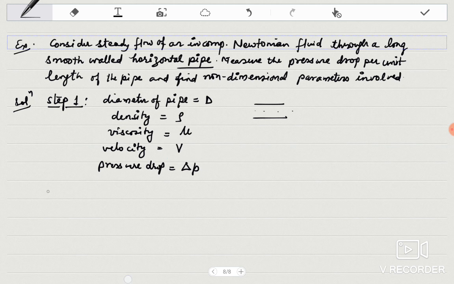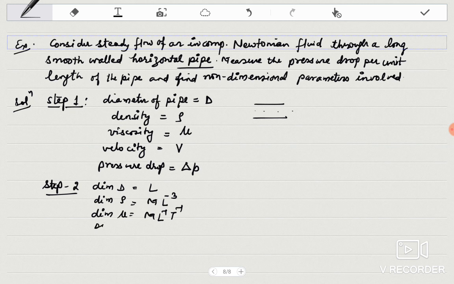So under step 2 we find what are the dimensions of the parameters involved. What is the dimension of D? Naturally it is related to length. Then dimension of density, it is mass per unit volume. Then dimension of mu, viscosity, which is M L inverse T inverse.